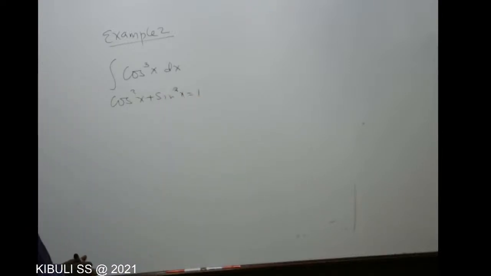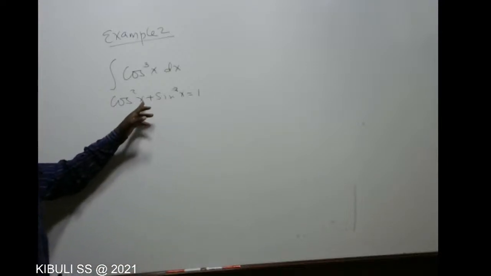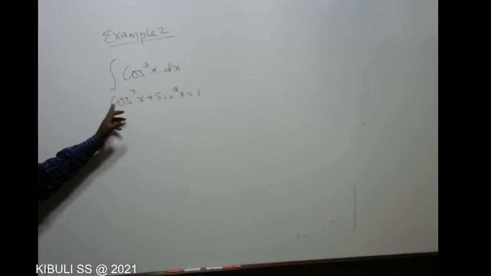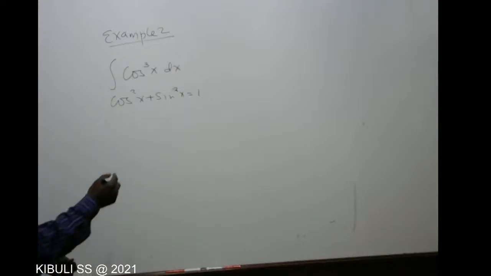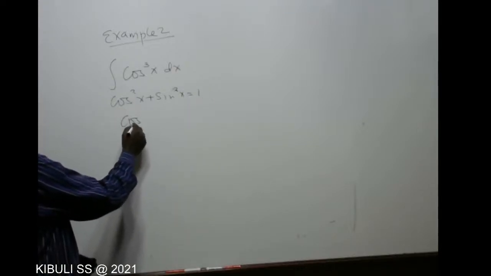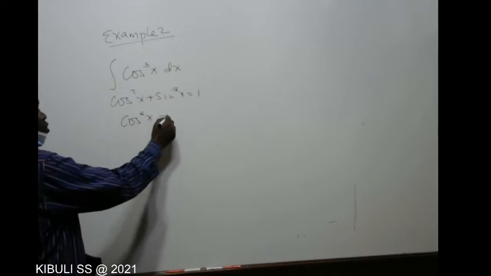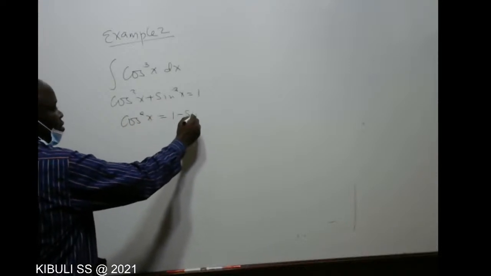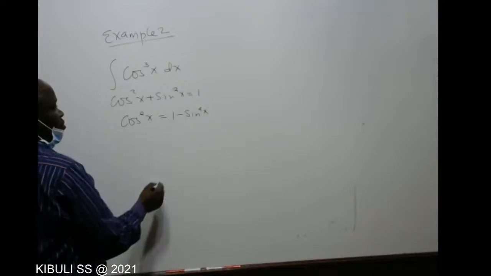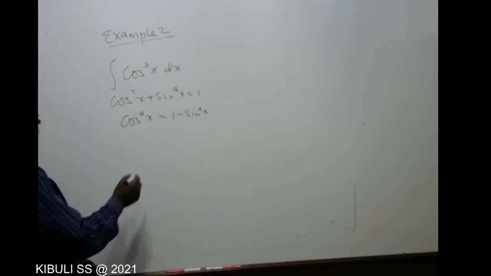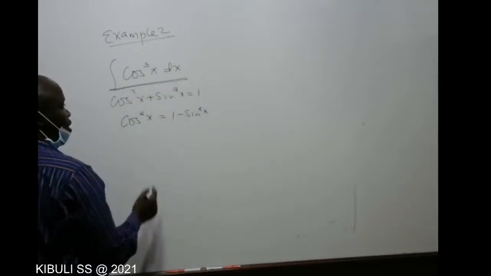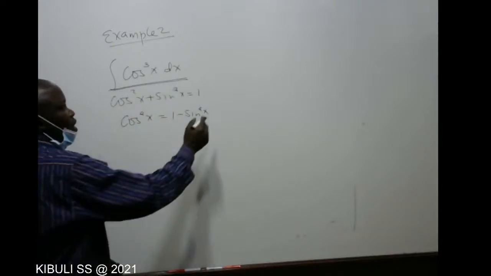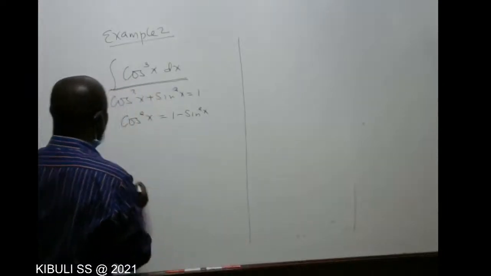So we must change the cos squared x in terms of sine. Let me make cos squared x the subject. Cos squared x is equal to 1 minus sine squared x. This is just a concept now. So what does it mean?